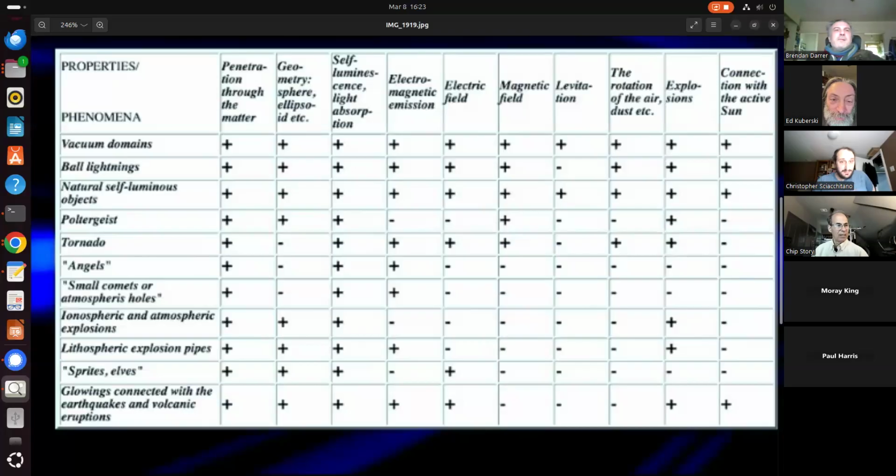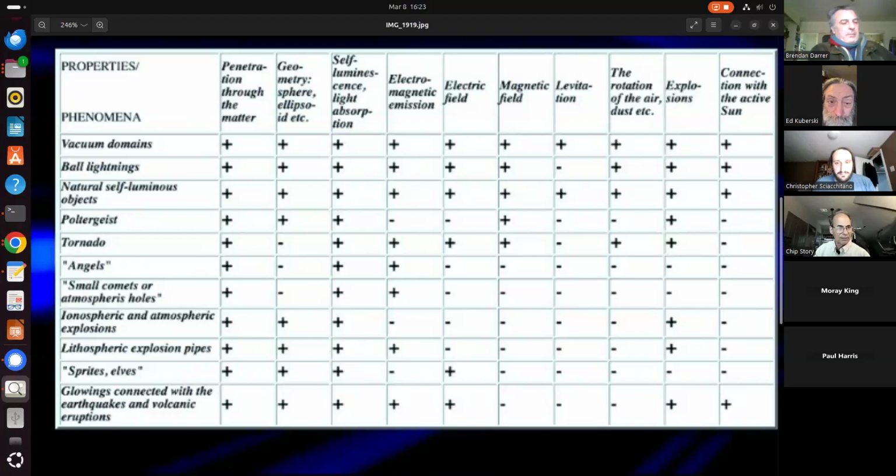Interesting. All right. So we're down to small comets or atmospheric holes. Only three check marks, penetration through matter, self-luminescence, and electromagnetic emission. Everything else negative. Okay. Ionosphere and atmospheric explosions.